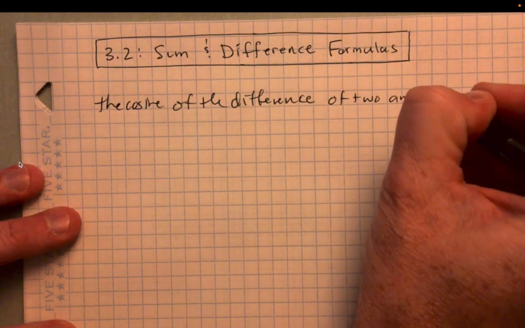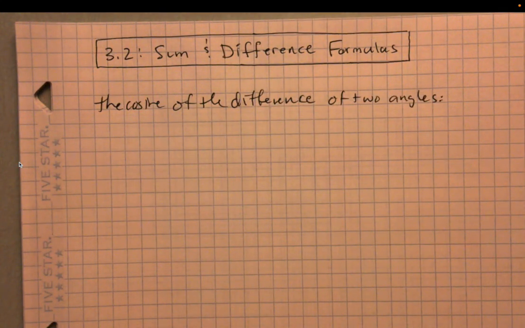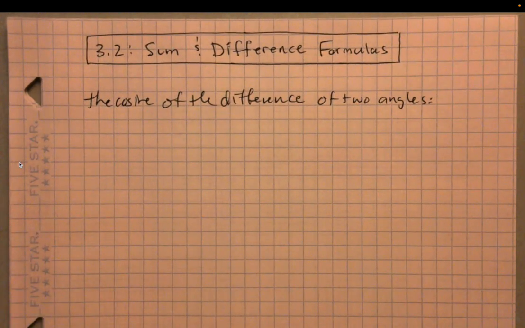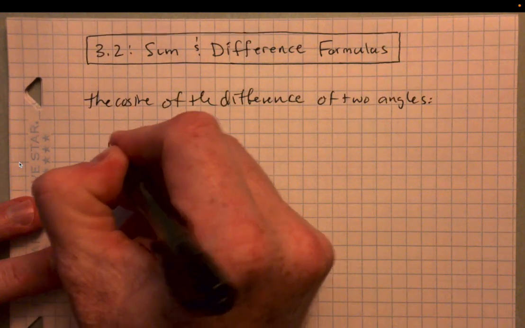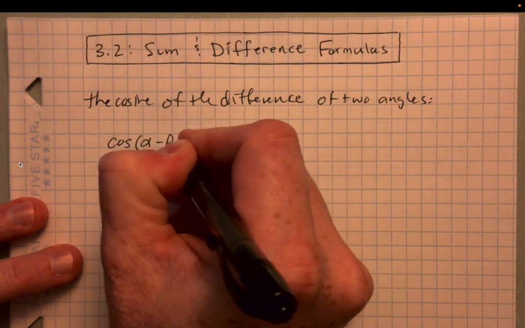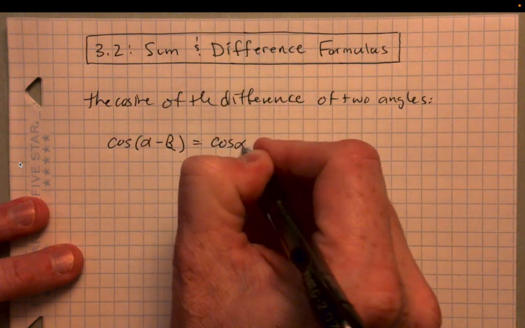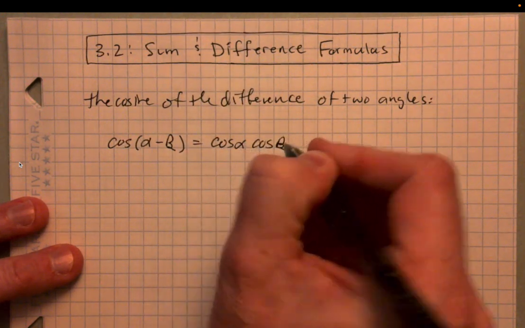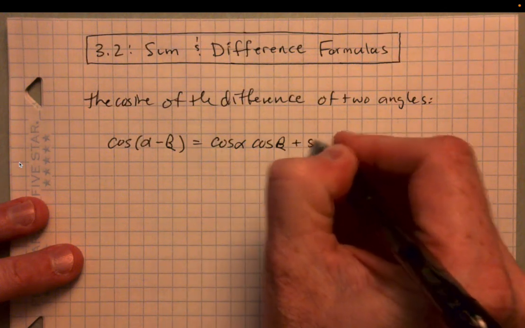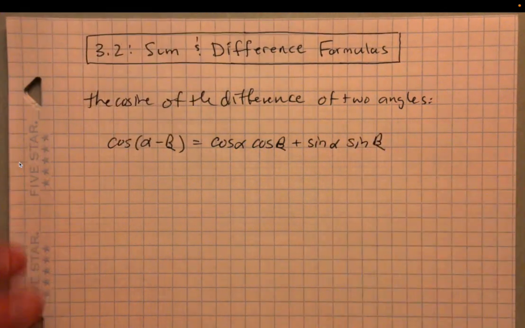Okay, and here's the formula. I'll tell you the formula, and then we'll use a very clever derivation to explain how this is true. But the formula says that the cosine of an angle alpha minus another angle beta is equal to the cosine of alpha times the cosine of beta plus the sine of alpha times the sine of beta.